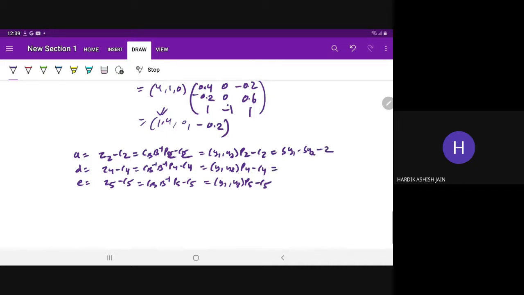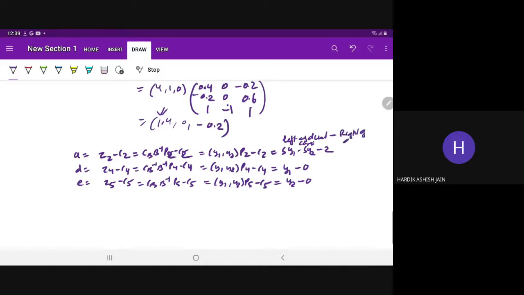For X4, P4 is 1 0, so Y1 minus 0, and corresponding to X5 it will become Y2 minus 0. That means left of the dual constraint minus right of the dual constraint.